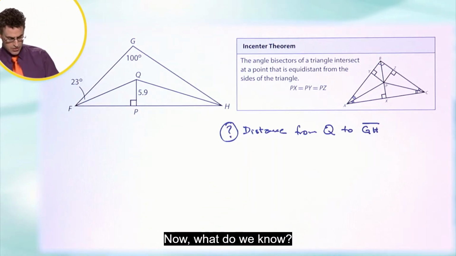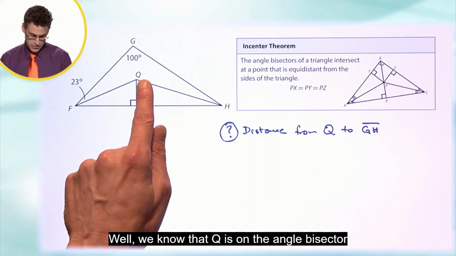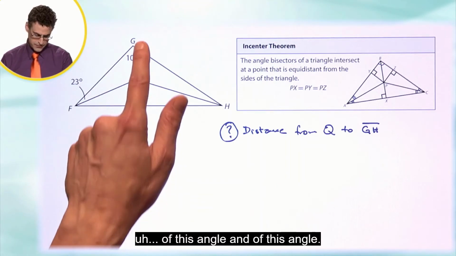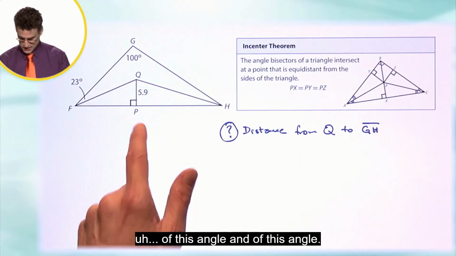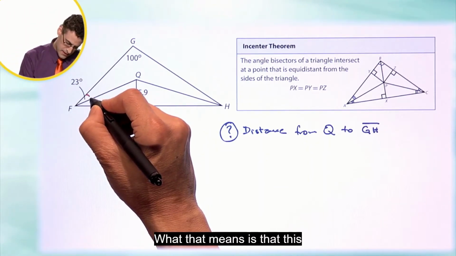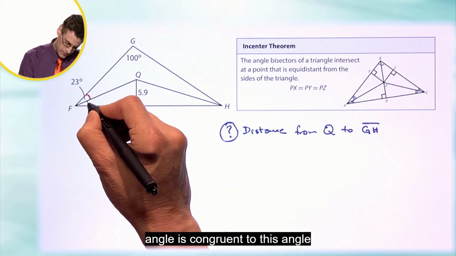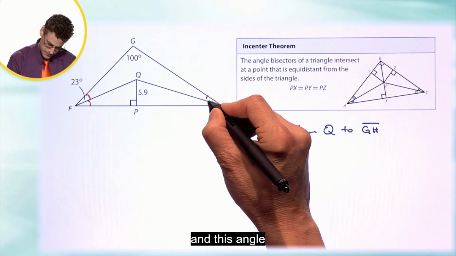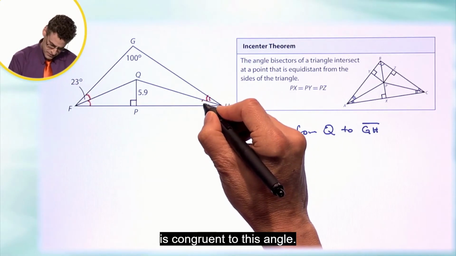Now, what do we know? Well, we know that Q is on the angle bisector of this angle and of this angle. So what does that mean? What that means is that this angle is congruent to this angle, and this angle is congruent to this angle.